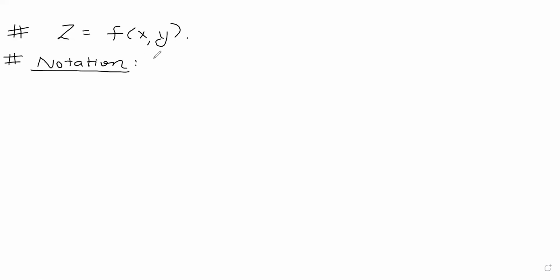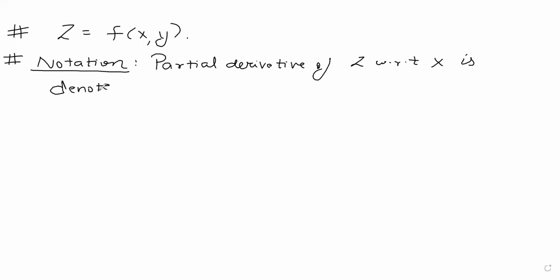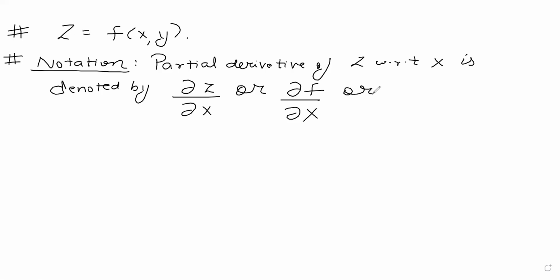So I can say the partial derivative of z with respect to x is denoted by del z by del x. I can also write it as the derivative of the function with respect to x, del f by del x, or some of the books write it as zx.